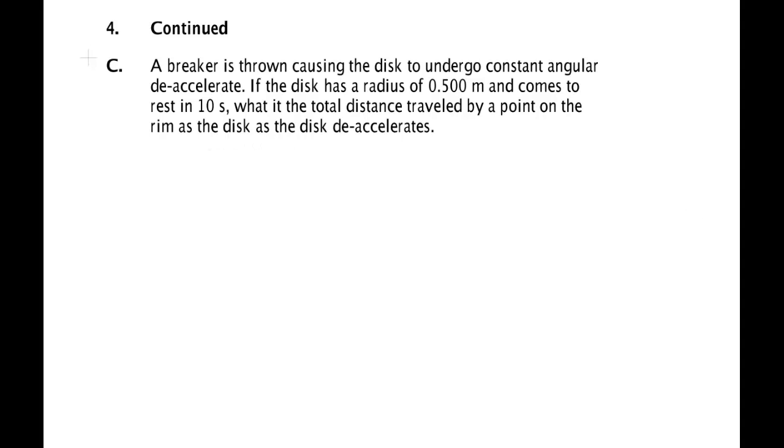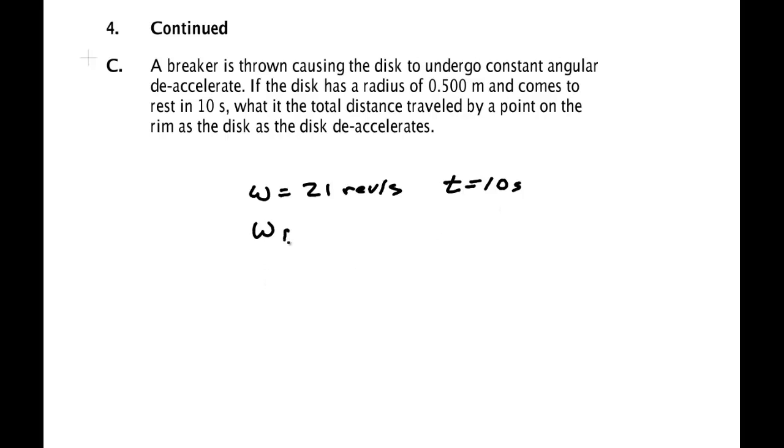So we know right now it's going 21 revolutions per second. And they're only going to want to know, in this case, the 10 seconds that it goes to rest. T equals 10 seconds.